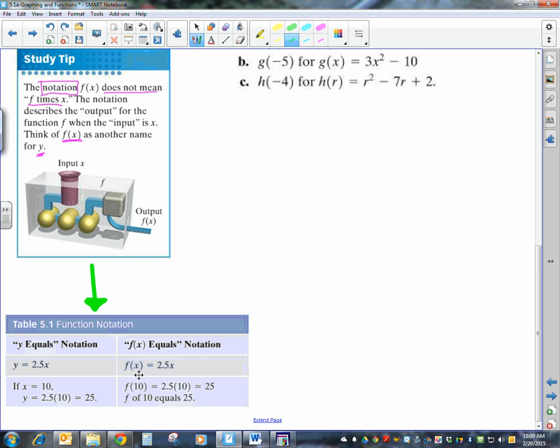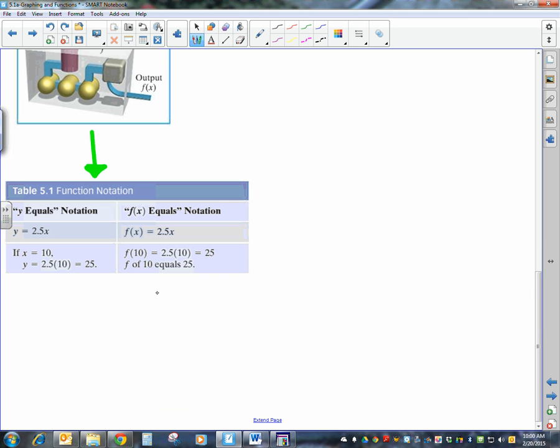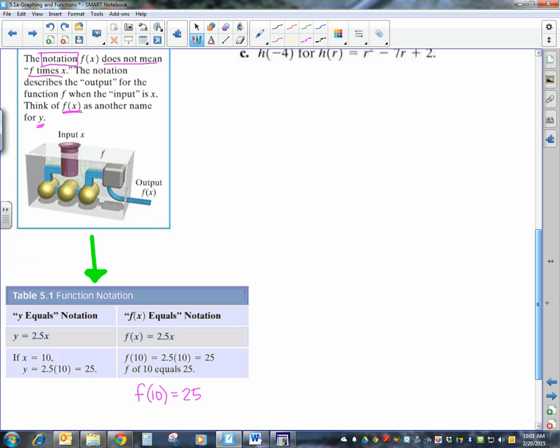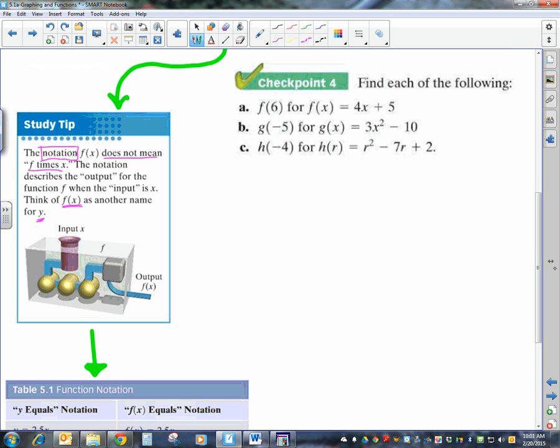That says find f of 10, which means go put 10 wherever you see x. So 2.5 times 10 is 25. So f of 10 would equal 25, and when we write that, we're going to write f of 10 equals 25. Okay, so I'm going to do some examples of that, and then you'll be ready to go.